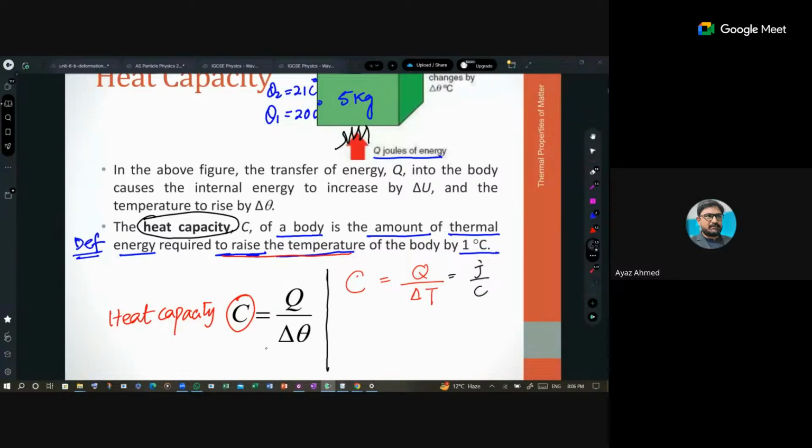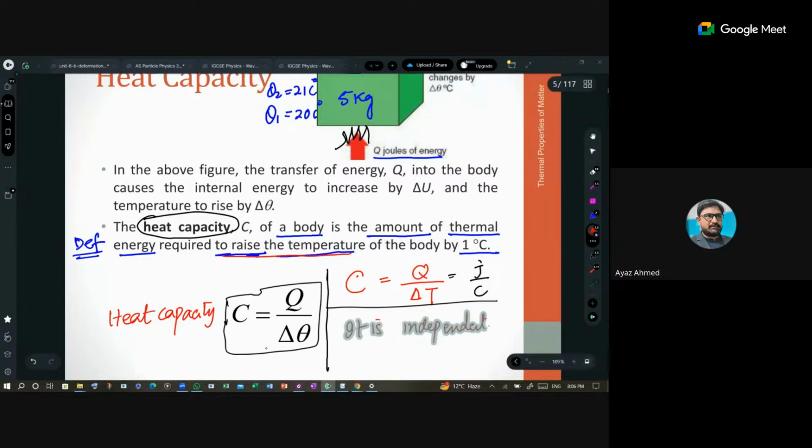Remember this thing, M is missing from this equation, right? So it is independent of mass.